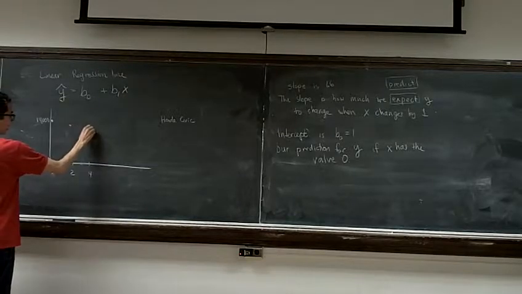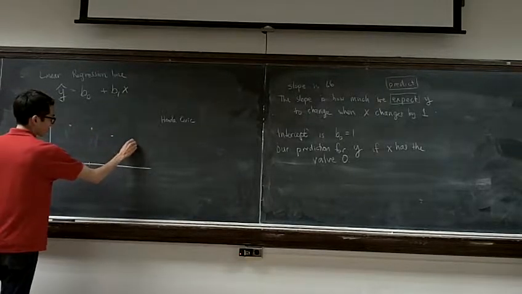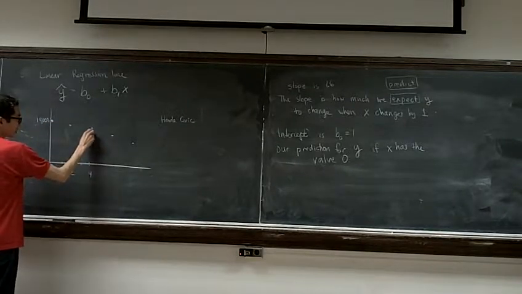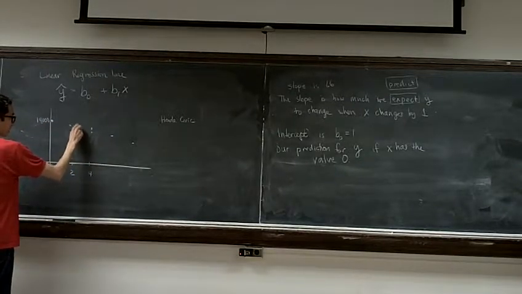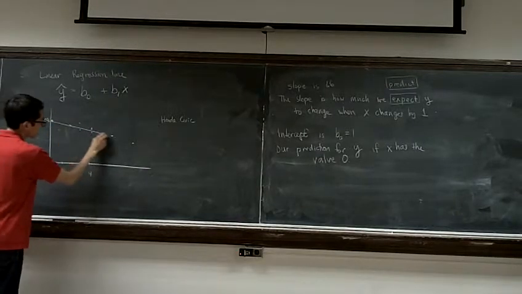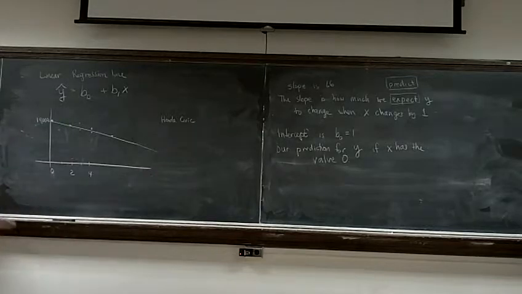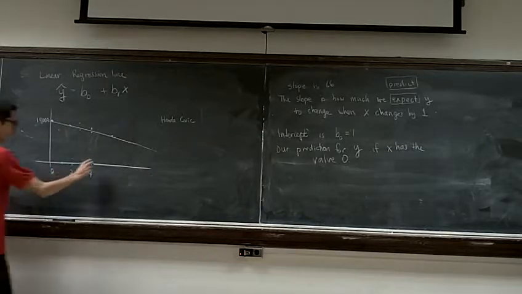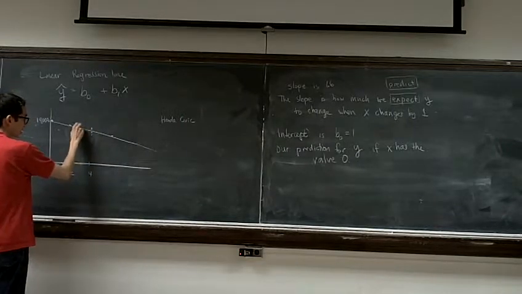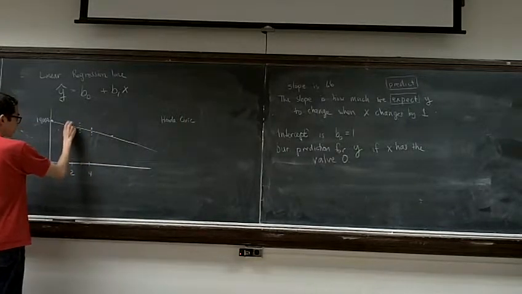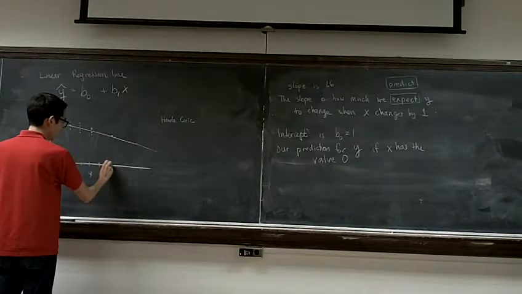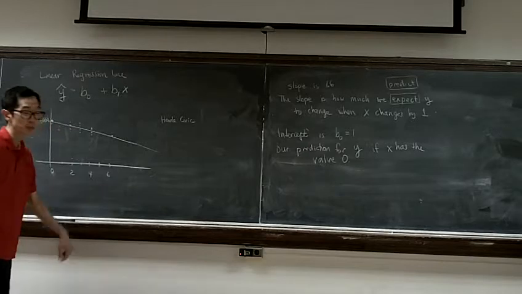Okay, so let's say it looks like this, and then you find multiple cars at different points, and some are worth more, and some are worth less. But anyway, you fit a linear regression line. Of course, there's a multitude of factors that go into determining the price of a car, where age is one of them.